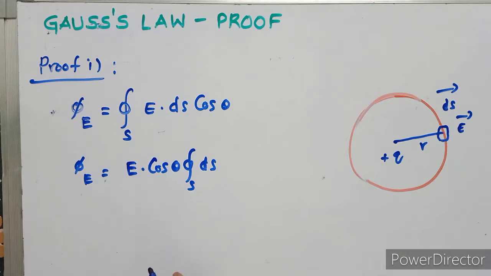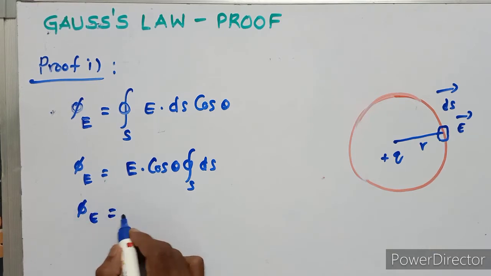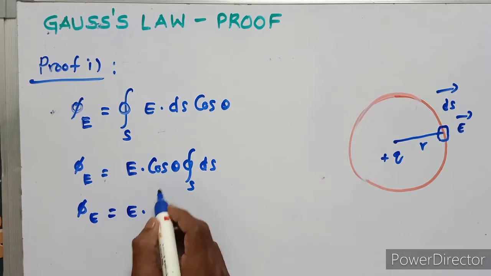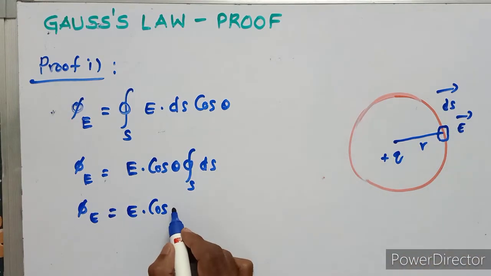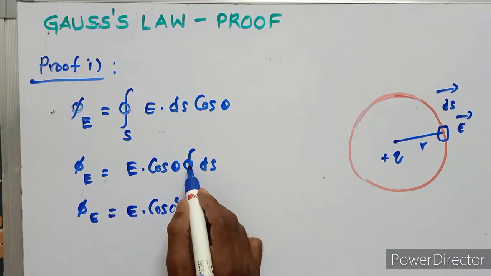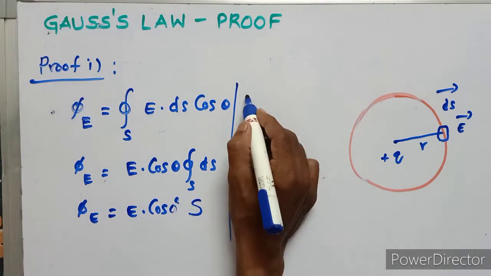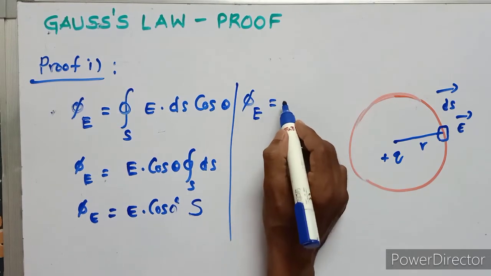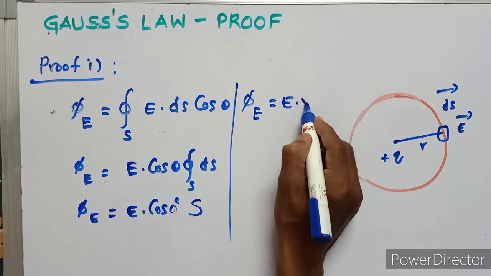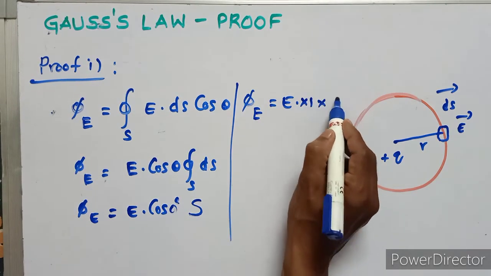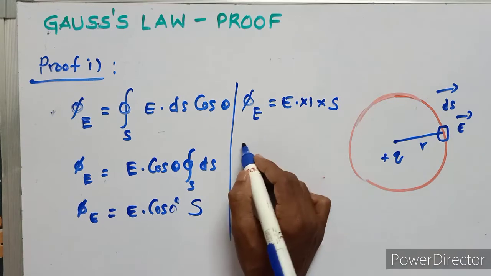Next, the electric flux is equal to E, and cos theta, where the angle between E and ds is 0 degrees. The closed surface integral of ds is equal to capital S. So the electric flux is equal to E cos 0, which is 1, times S. S is the total surface, which is nothing but area.